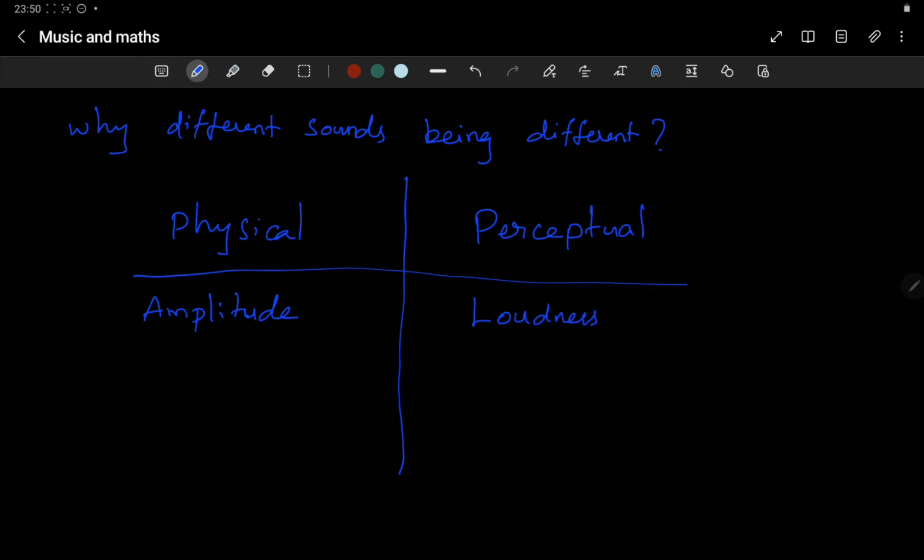Loudness. If the amplitude is high, then we will perceive it as a loud sound. If the amplitude is low, then we will perceive it as not so loud.